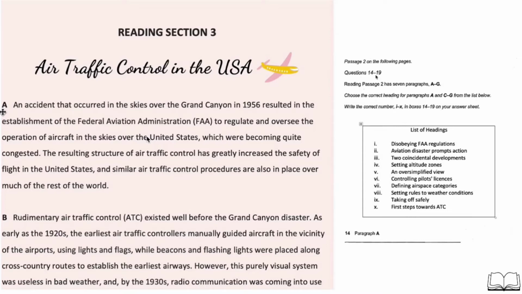And then we've got the words aircraft in the skies, we've got the words air traffic control, safety of flight in the United States. So we're definitely going to know that this whole article is going to be about air traffic control, the consequences, how it was established, and what happened and what will happen.